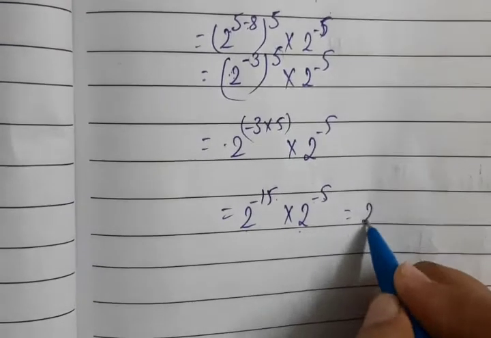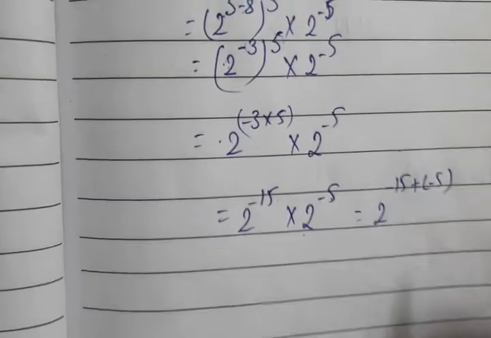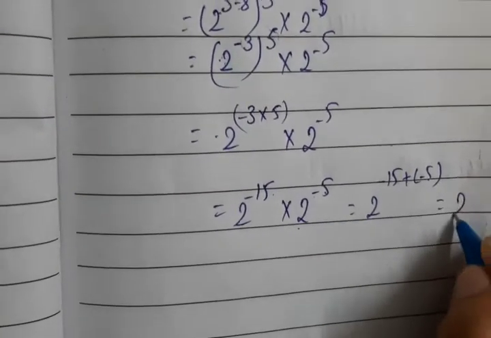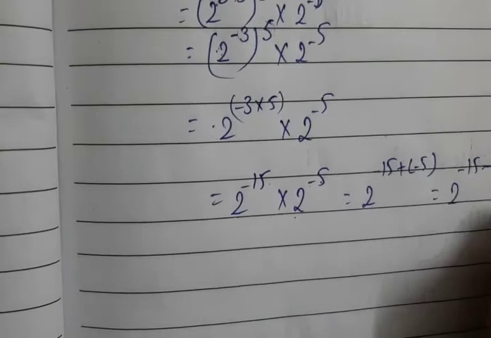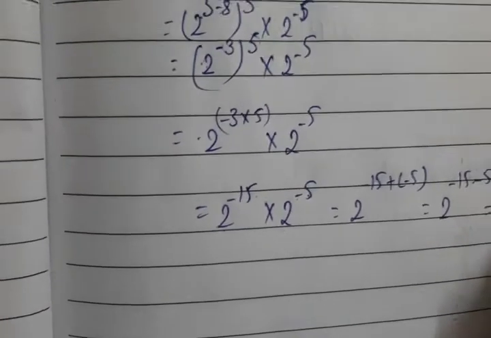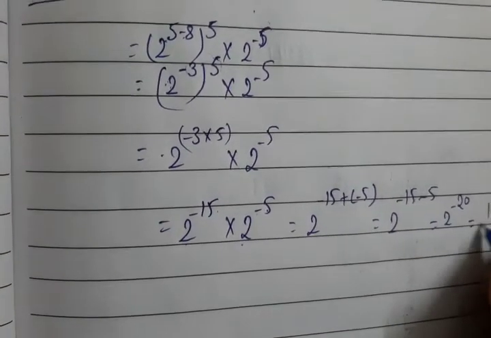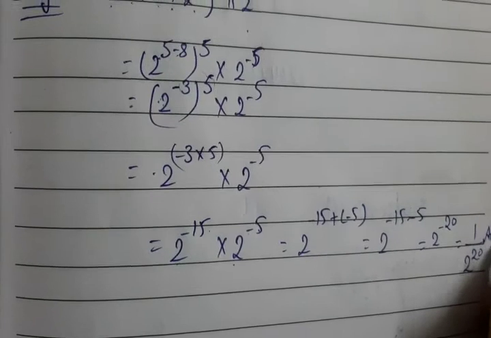That means 2 raised to power minus 15 minus 5, which is equal to 2 raised to power minus 20. Now to make this positive, 1 by 2 raised to power 20 is the answer.